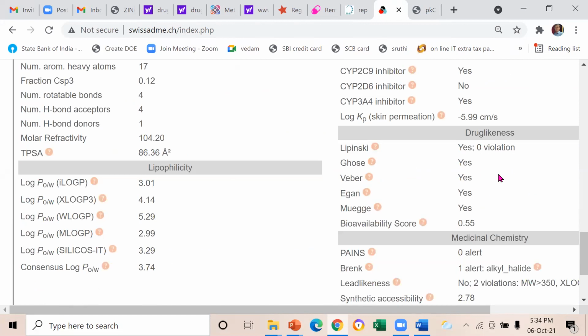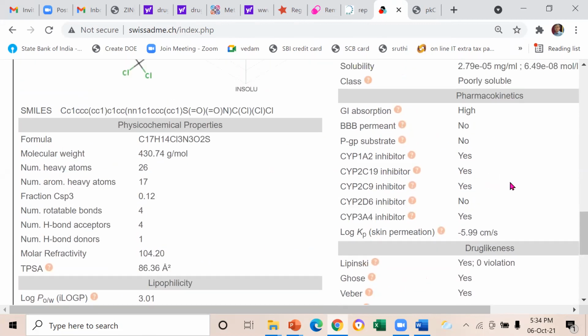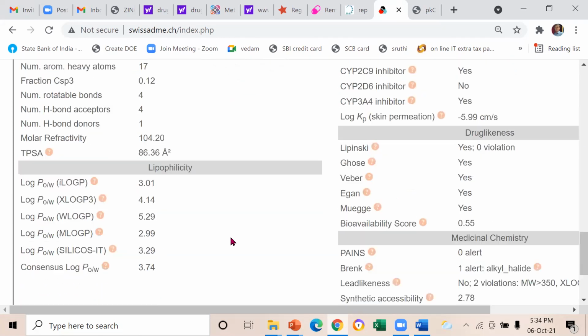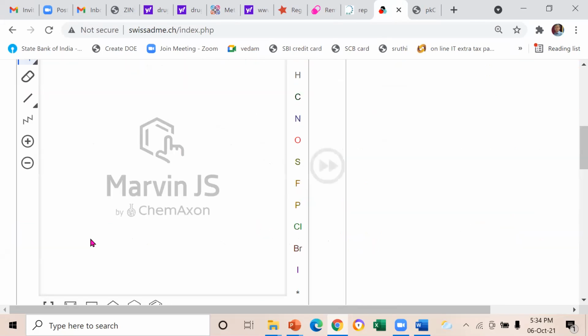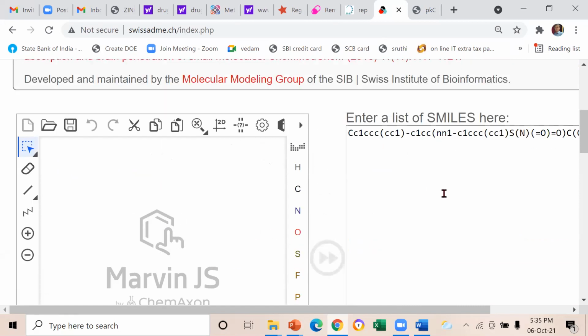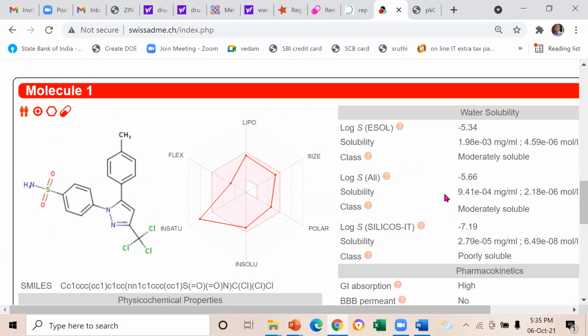Interestingly, all the drug-likeness rules are good. Log P is there. GI absorption is also high. So I can do that sort of study also using SwissADME. I can take a parent compound, think of different substituents and changes, convert it into SMILES, put it in SwissADME, and do the property calculations.